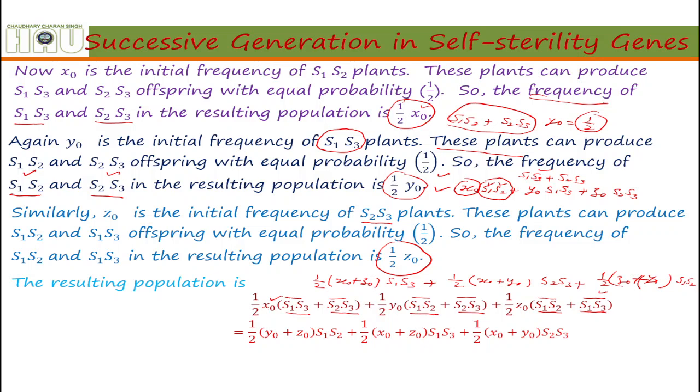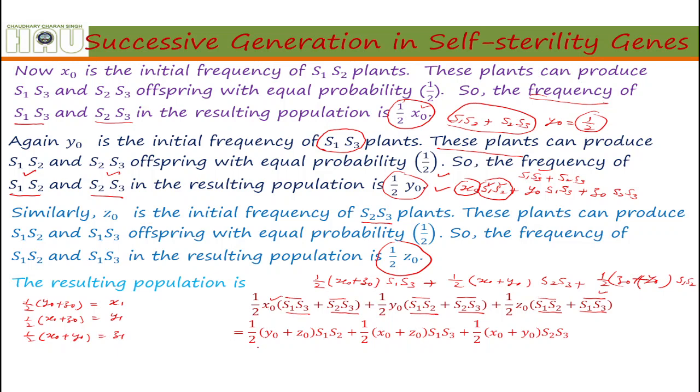I think this is clear to you. Now, if I substitute, say, half of Y0 plus Z0 is equal to, say, X1, and half of X0 plus Z0, say, Y1, and half of X0 plus Y0 is equal to, say, Z1.